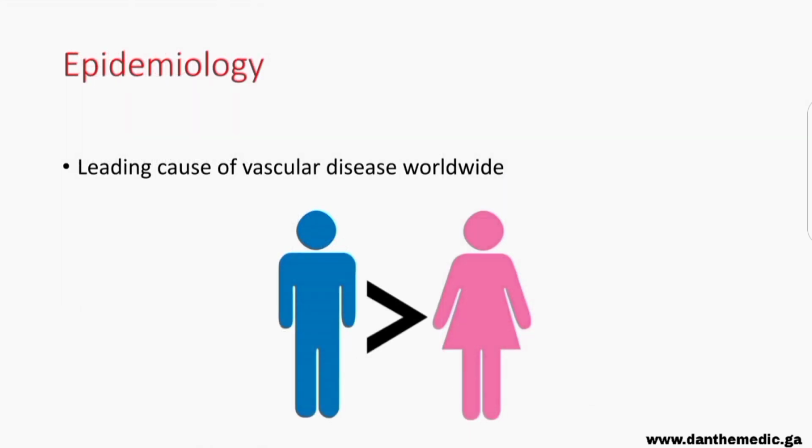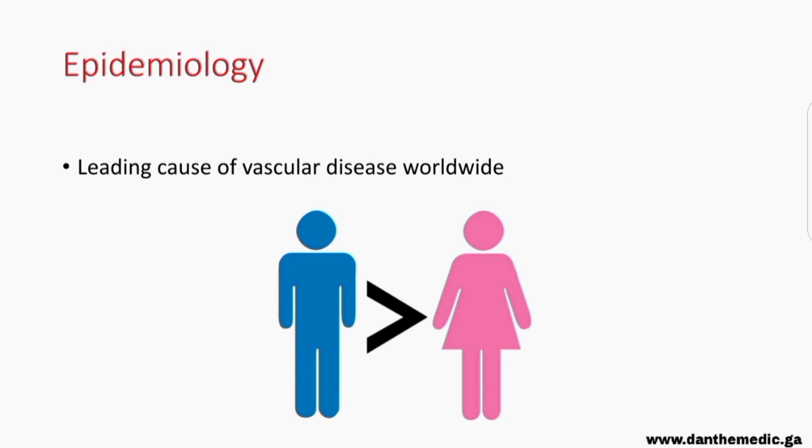So as for the epidemiology, we know it's the leading cause of vascular disease worldwide, and it is much more prevalent in men than in women because we know estrogen has an LDL lowering effect.